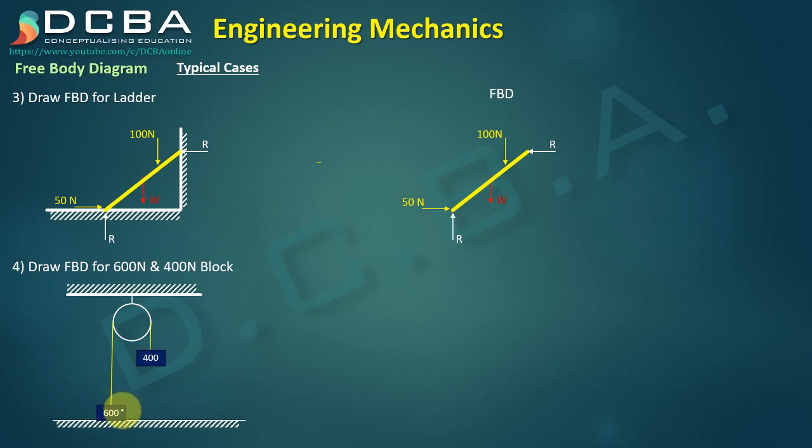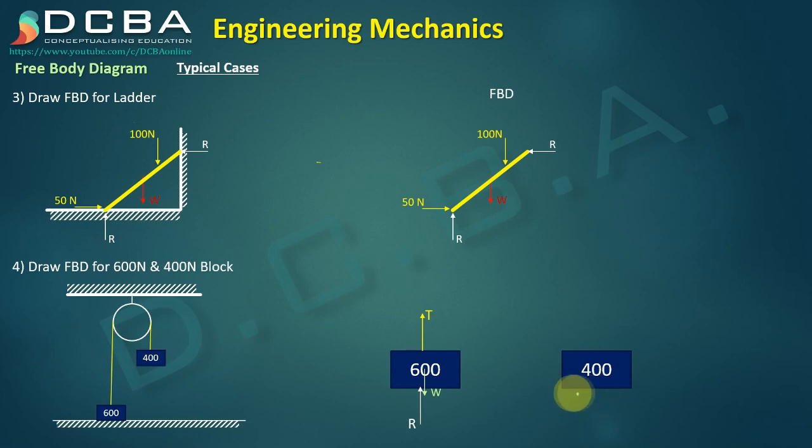So the moment this 600 Newton comes in contact with this surface, we can safely assume that the surface is giving reaction to 600 Newtons, right? So for 600 Newtons, we have the weight first of all, then the reaction from the surface below, and then this tension also, because this 600 Newton is creating a tension in this string. So there is this tension force also.